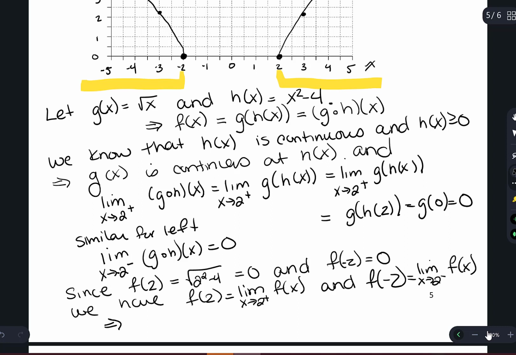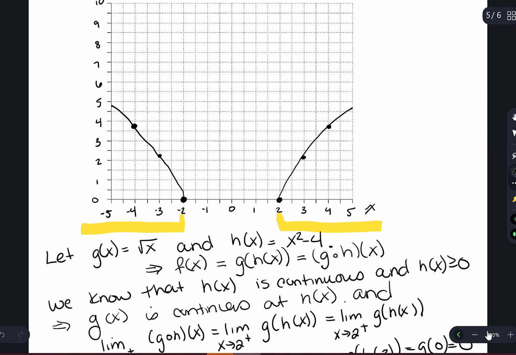Therefore, f of x is right continuous at 2 and left continuous at -2.